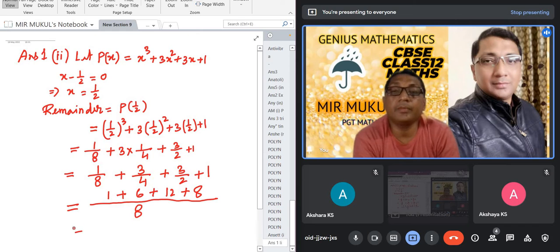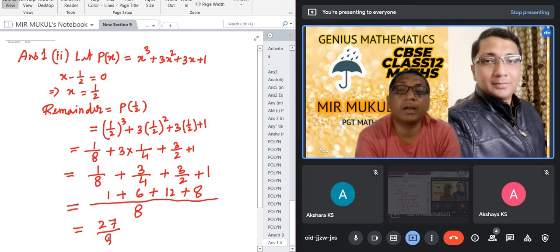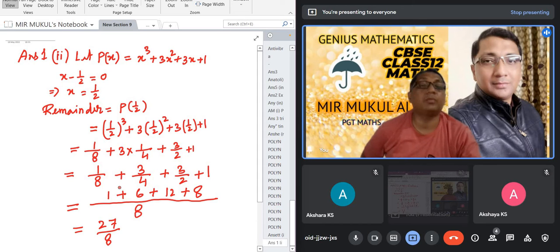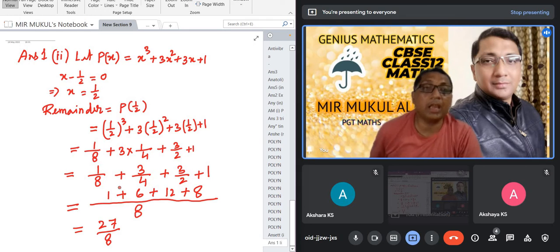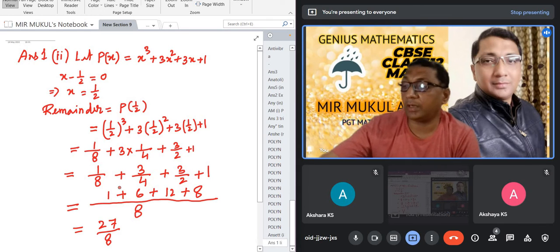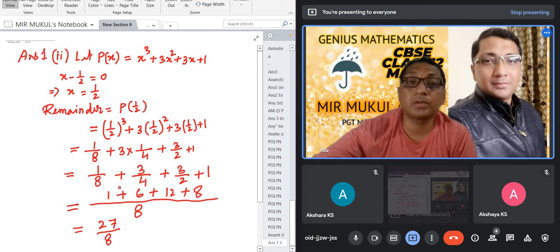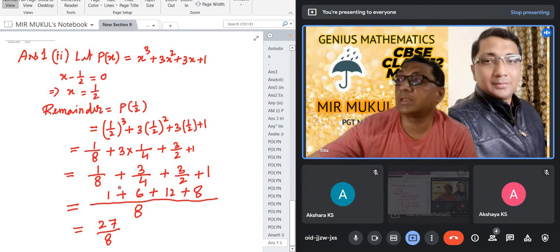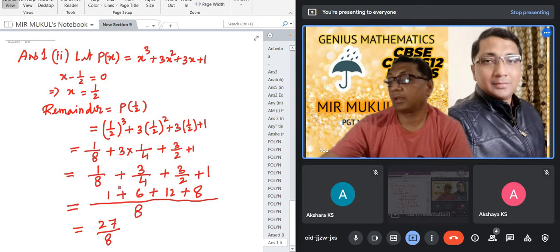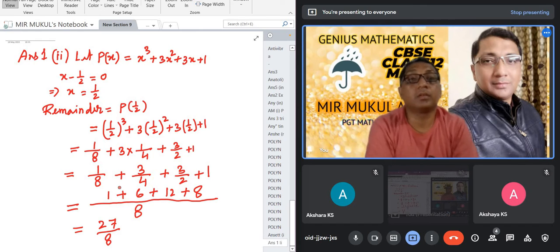So we are getting 27 by 8 as a remainder. So if we divide this polynomial by x minus 1 by 2, we will observe we are getting remainder 27 by 8. So here long division method is not required, because no need to use long division method.